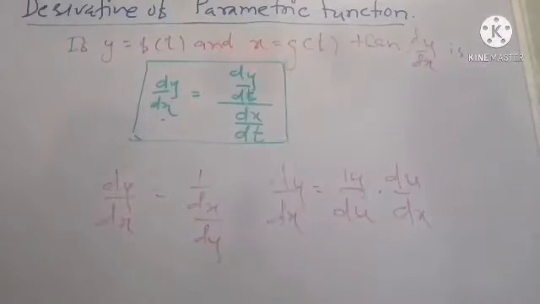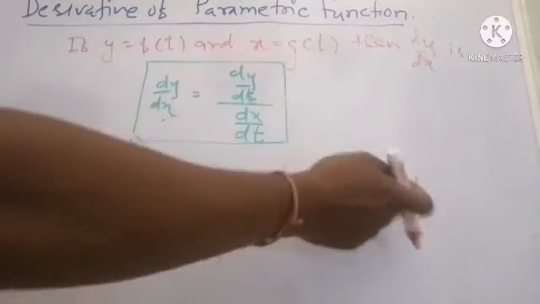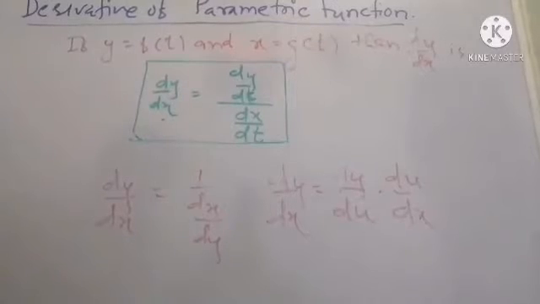As numerator and denominator are equal, du gets cancelled and dy by dx remains. See, these are the simple rules of derivative, but these rules are used for a particular type of function. For a parametric function we use dy by dx as dy by dt divided by dx by dt, where t is a parameter.